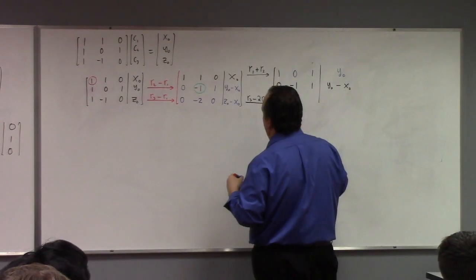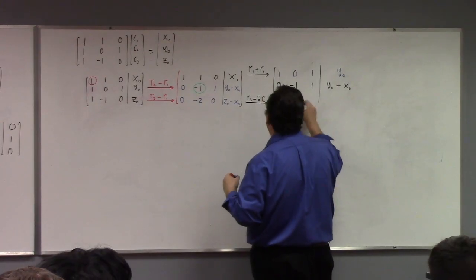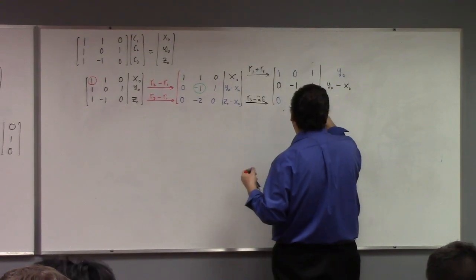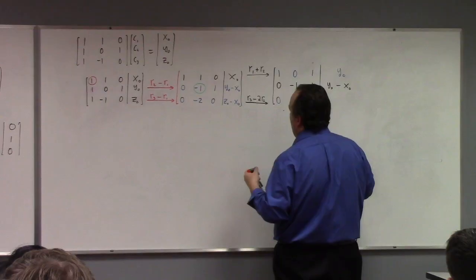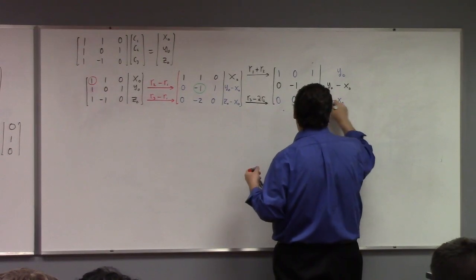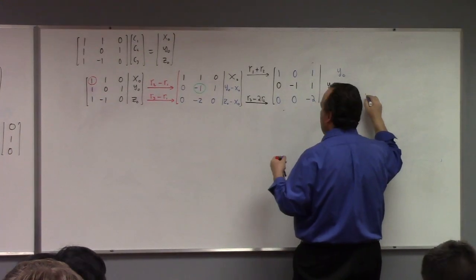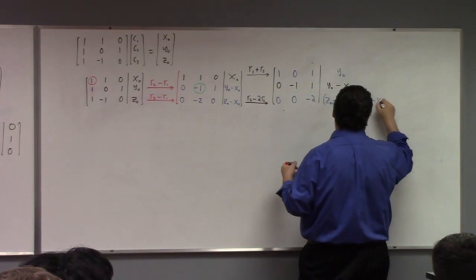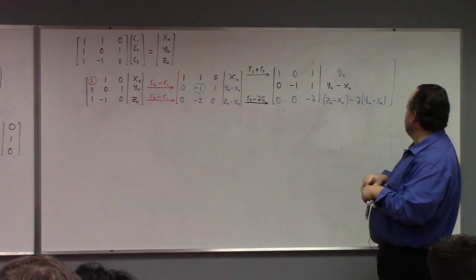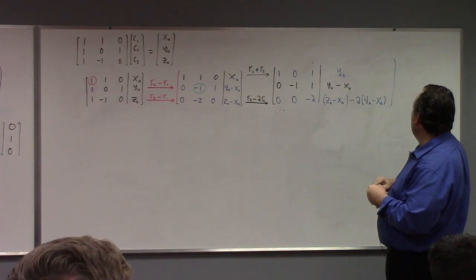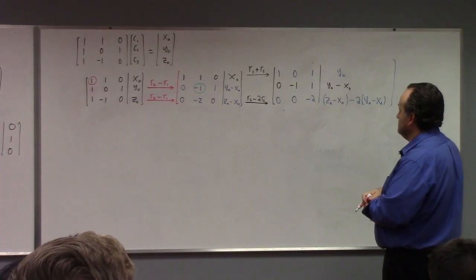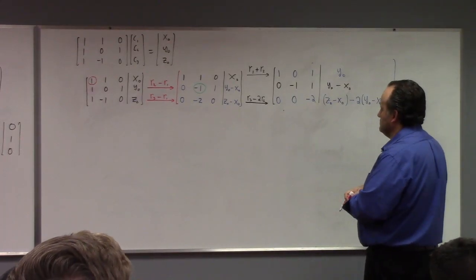Row 3 here, 0, and I think we get a minus 2. Then row 3, which was z naught minus x naught, minus twice the row 2 entry, which was y naught minus x naught. So how does that simplify? Wait, why is the top term y naught instead of y naught plus x naught?